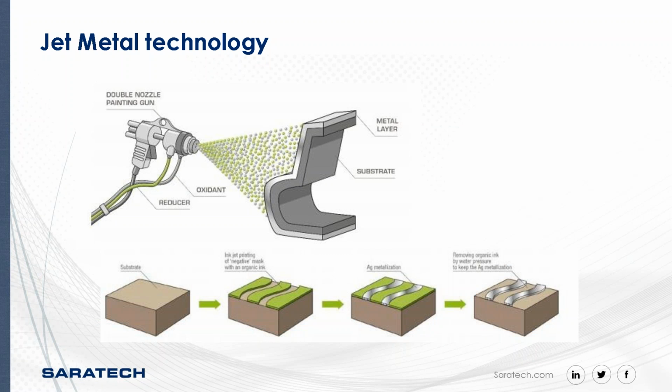And jet metal technology. Similar to electroplating, this was developed to add a thin layer of silver to a surface which makes the surface conductive. And just as electroplating needs a conductive surface to prepare it, it consists of spraying two water-based solutions, an oxidizer and reducer, with standard painting equipment.